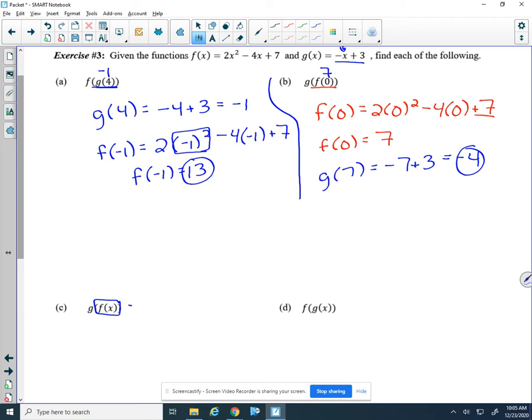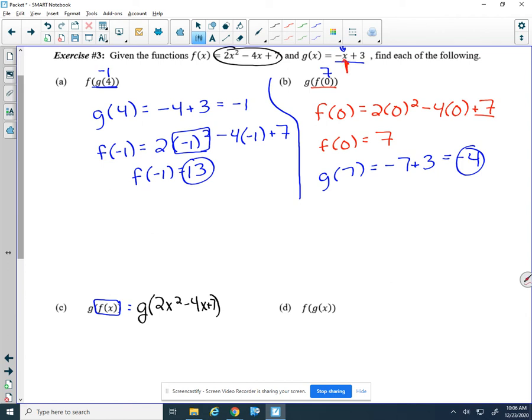So f of x, I'm just going to write there where the blue is. So we're doing g of f of x. And f of x is this. So we're doing g of 2x squared minus 4x plus 7. So what that means is I'm taking the 2x squared minus 4x plus 7 and I'm plugging it in to the x in g of x.